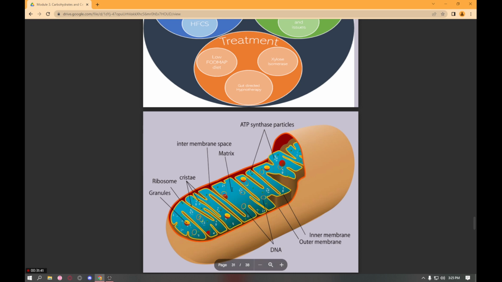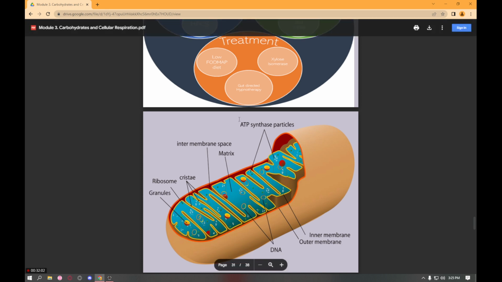But it says that the folds found in the outer layer of the mitochondria are what you call the cristae, and then the space or the fluids. These are your matrix. So your glycolysis process happens along the cytoplasm.